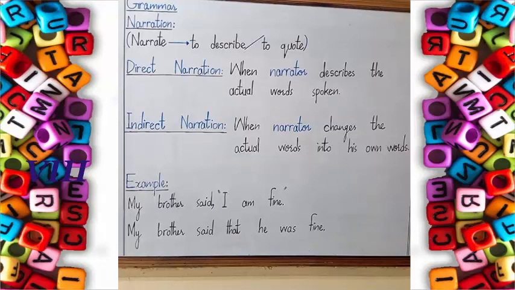There are two types of narration, direct narration and indirect narration. You can look at your board. Direct narration means when the narrator describes the actual words spoken by somebody, that statement is called direct narration.